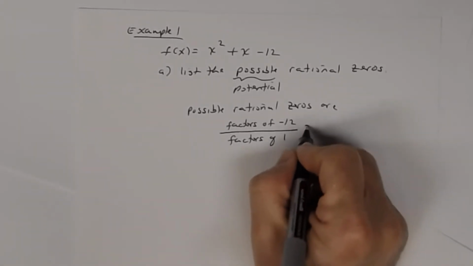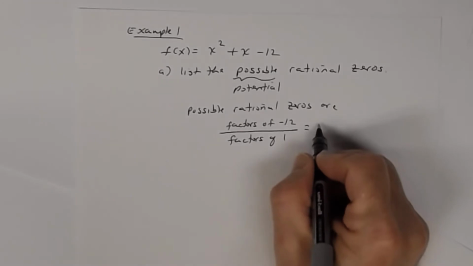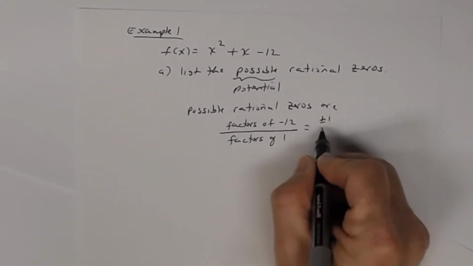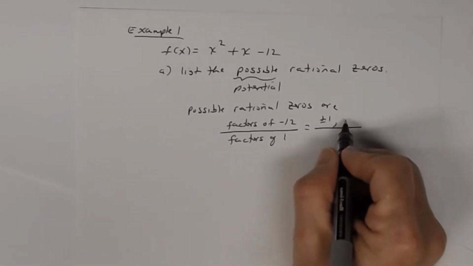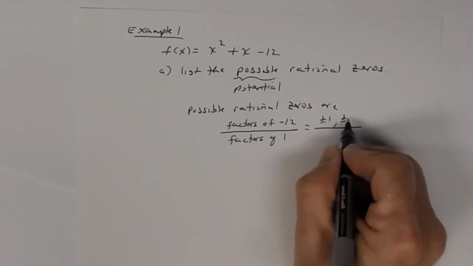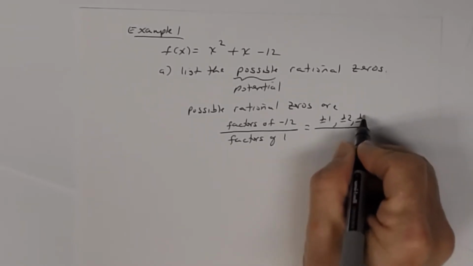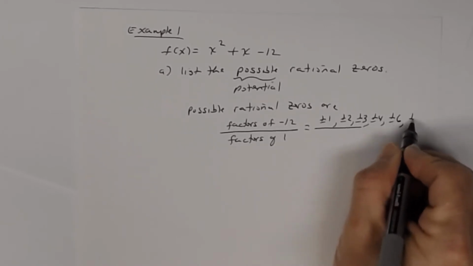Now let's talk about the factors of negative 12. So the factors of negative 12: plus or minus 1, comma, what else? Let's go ahead and write it in order. Don't forget the 12, 1 times 12 is 12. But also plus or minus 2, plus or minus 3, plus or minus 4, plus or minus 6, plus or minus 12.